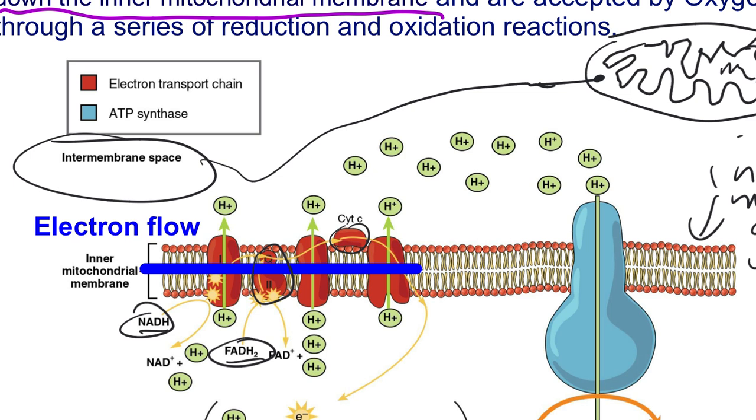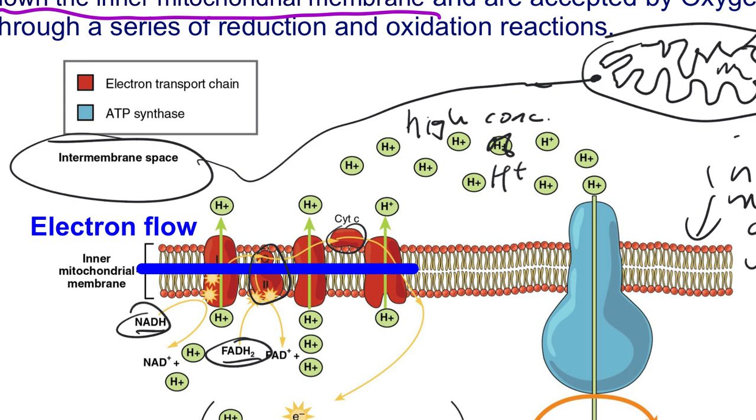So right here, we've got a high concentration of H+, because they're getting pumped from the energy released by the NADH and the FADH2, and you'll get a low concentration of hydrogen ions here. So the energy release is being used to actively transport the hydrogen over there.